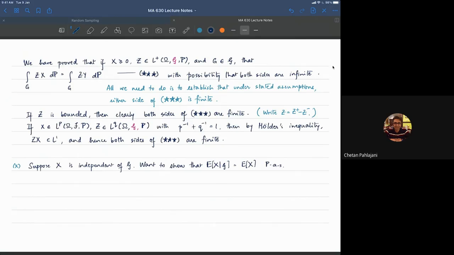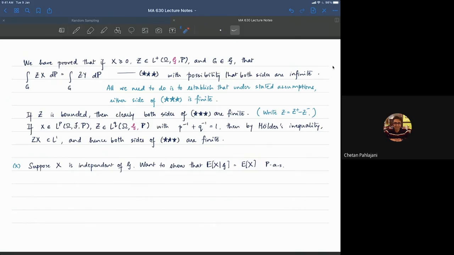Now we remind ourselves of the definition of conditional expectation. We want to show that the right side is the conditional expectation of X given G. Well, if we want to do this, we need to do two things. One is we need to convince ourselves that the right side is G measurable. Now that I claim is automatic. Why is that automatic? Well, the right side is a constant.